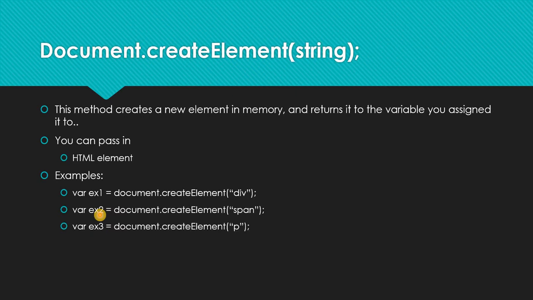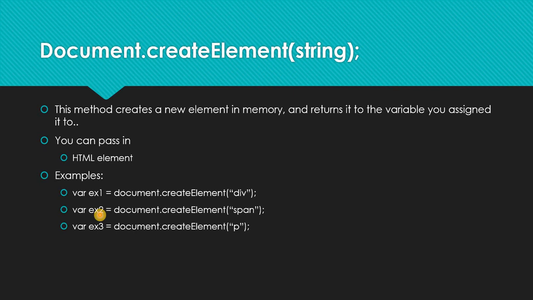Create element. This is where the fun begins. This method creates a new element in memory and returns it to the variable you assign it to. So here in example 1, we are creating a div, and it's going to be stored in ex1 there. Then you modify ex1 with set attribute and the other methods later, which we'll see.